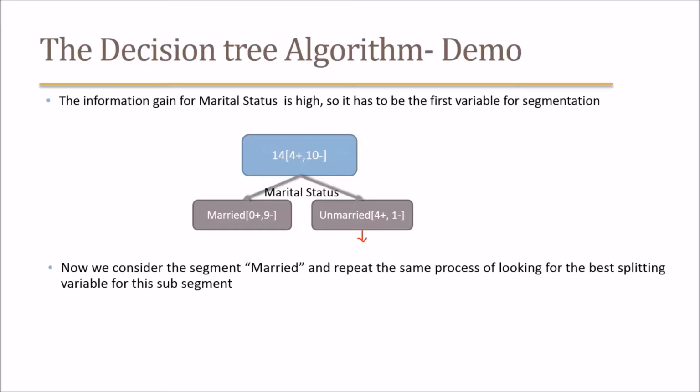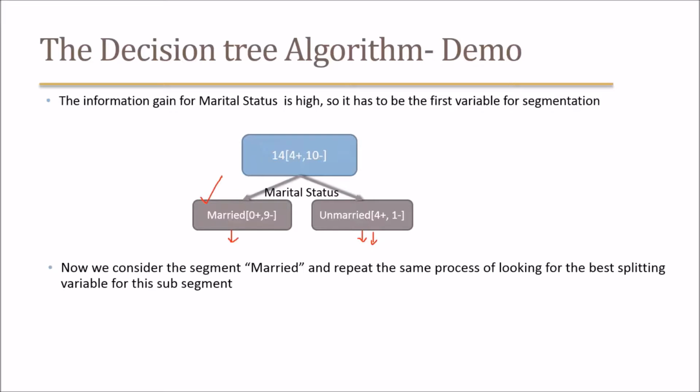Again we go ahead and do another split. If it is not required, then we can leave it at this point. This is already pure: all 9 married customers are negative, so there is no further drill down required here. If there is a requirement, we'll do it, or we can leave it at that point, but the process remains the same.